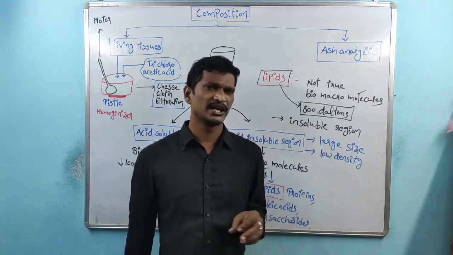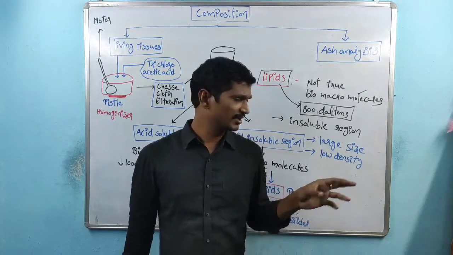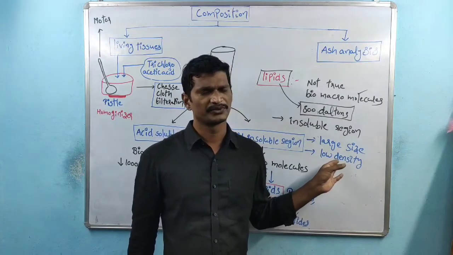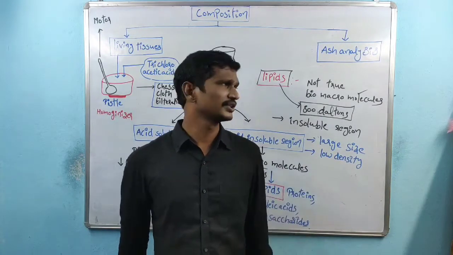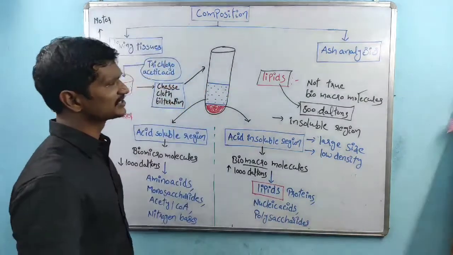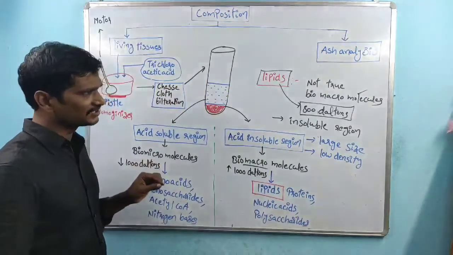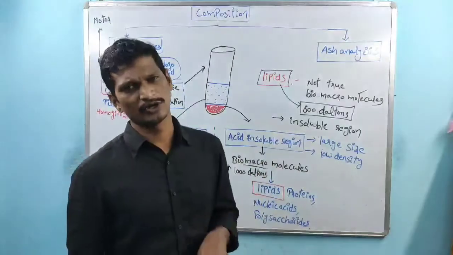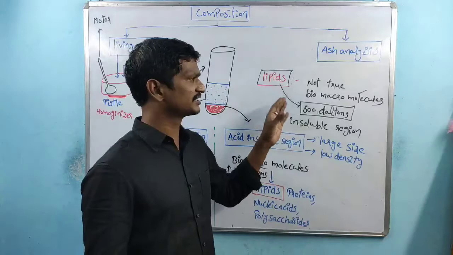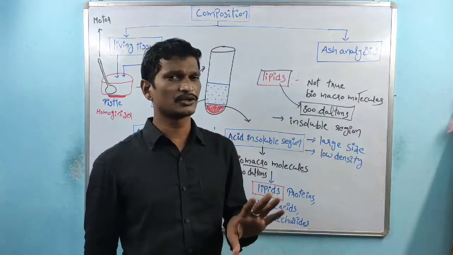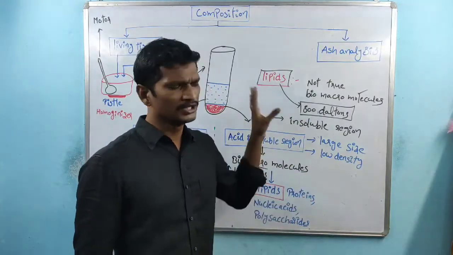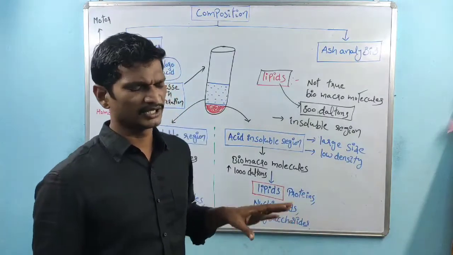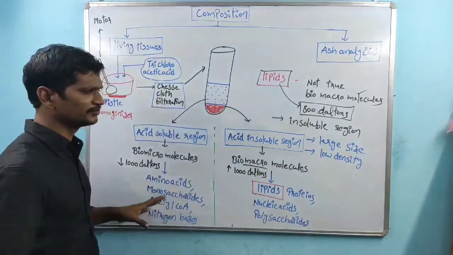The next reason is that they have large size but low density. That is why lipids are considered biomacromolecules, but not true biomacromolecules. This is a question given in the NEET examination many times.